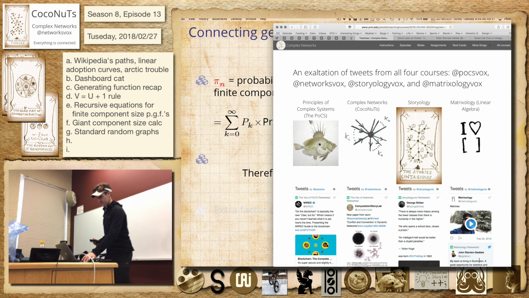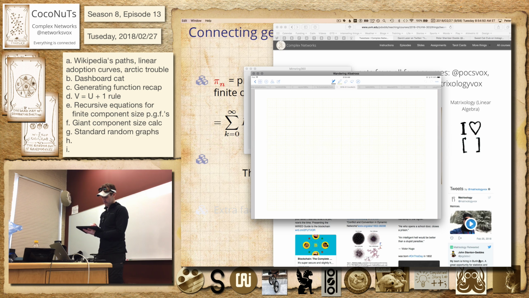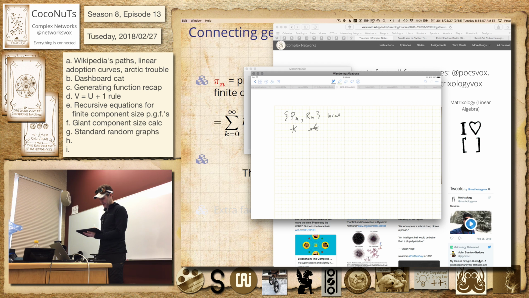I had that on some slide somewhere, but you've got p sub k and r sub k, and these are local. This is about the number of friends a node has, and this is about how many other friends a node has. So you've got these two, and then they're allied to pi sub n and rho sub n. So they're p and r.